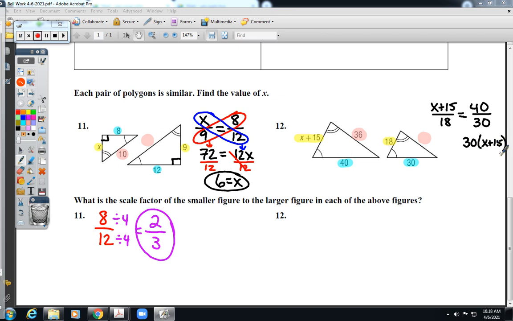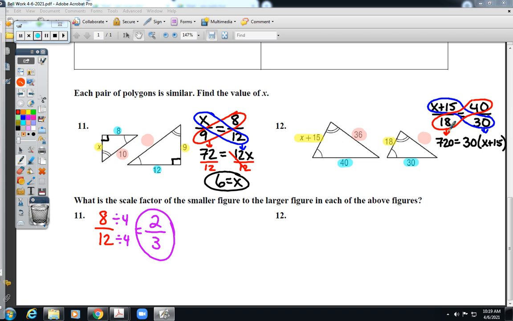So we get 30 times x plus 15 equals 40 times 18, which is 720. Again, the means are equal to the extremes.